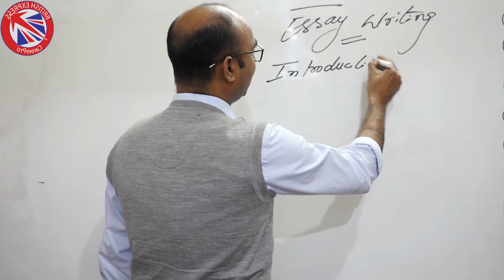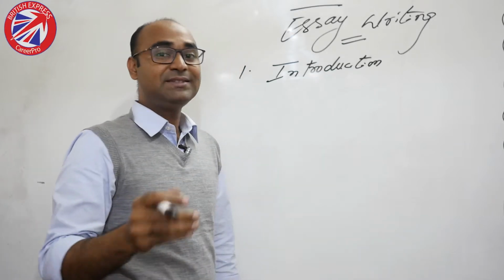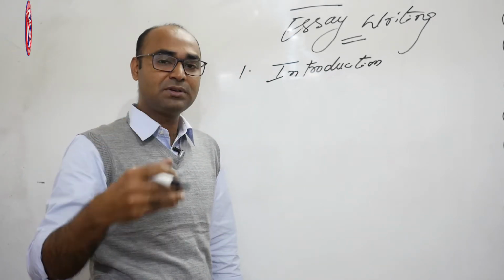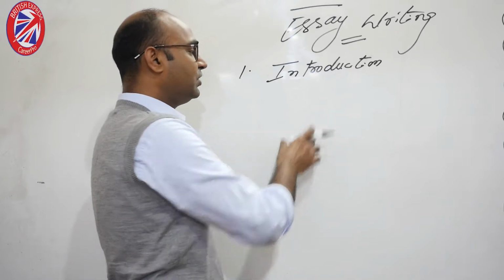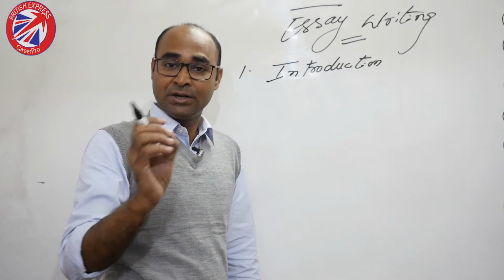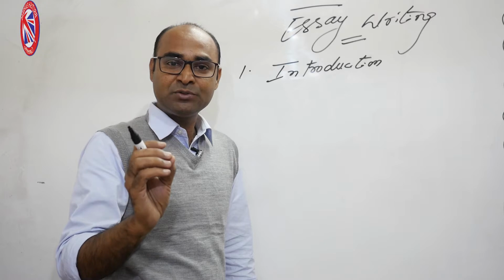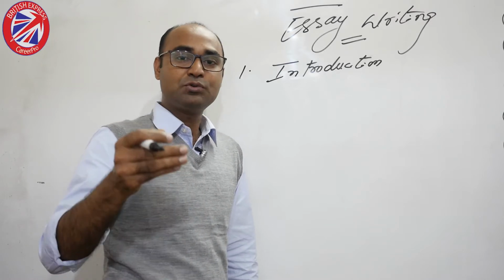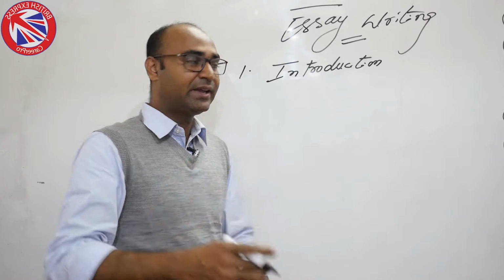Remember, the number of words is a later consideration. We will think later about number of words. Initially, what we should keep in mind is introduction. And introduction means whatever I want to say or convey, it should be very clear.